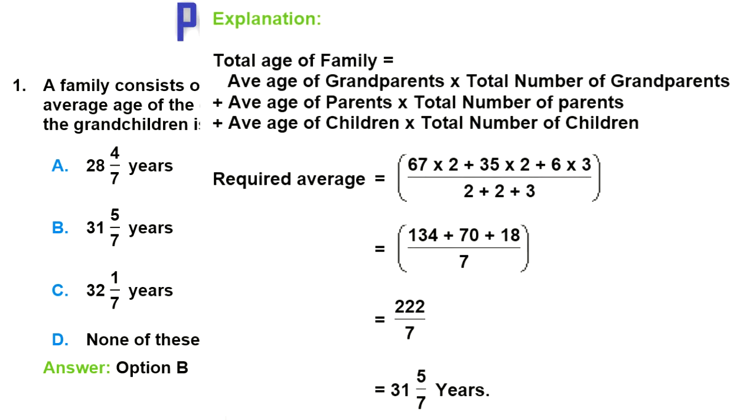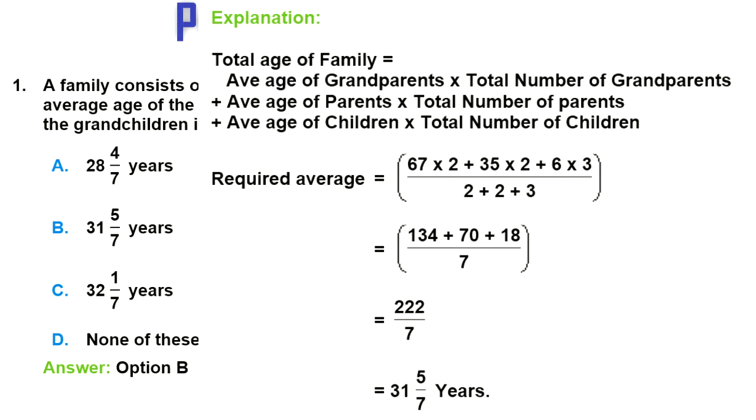Let's see how. Now the total age of the family is the sum total of all family members' ages. That means average age of grandparents into total number of grandparents, average age of parents into total number of parents, average age of children into total number of children.